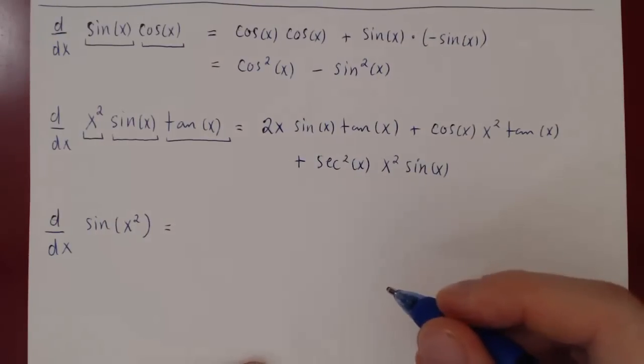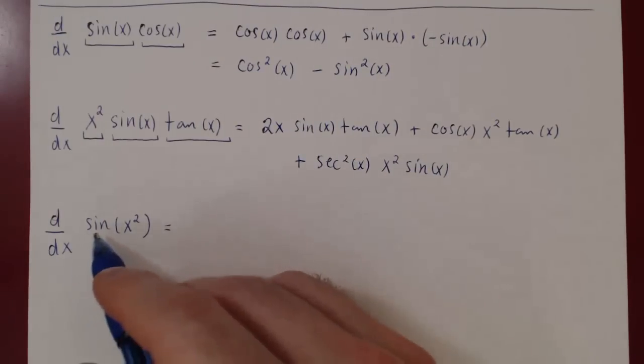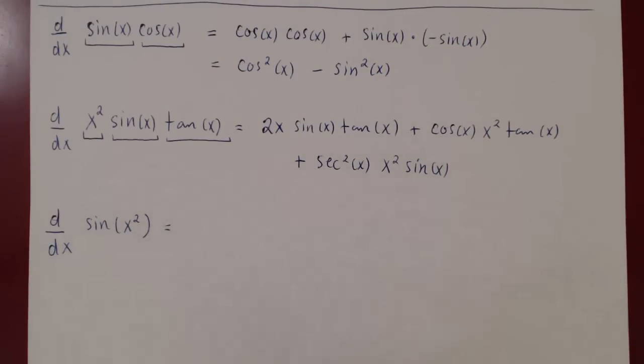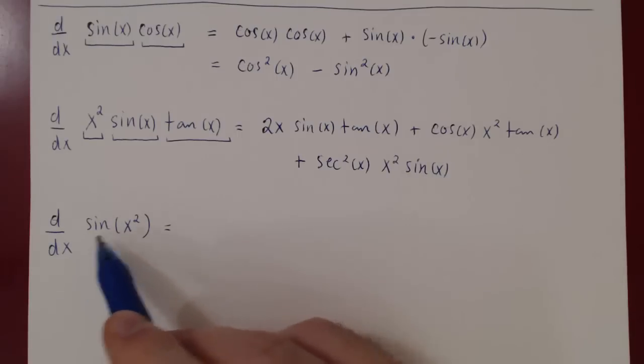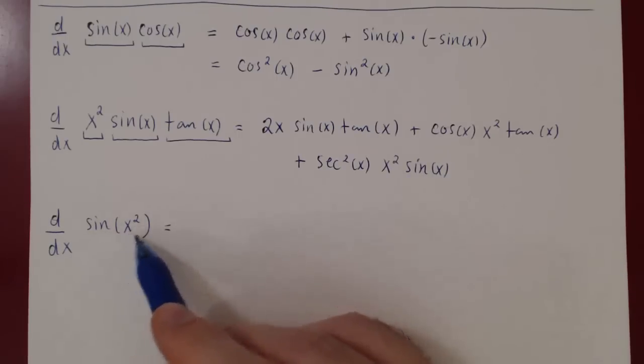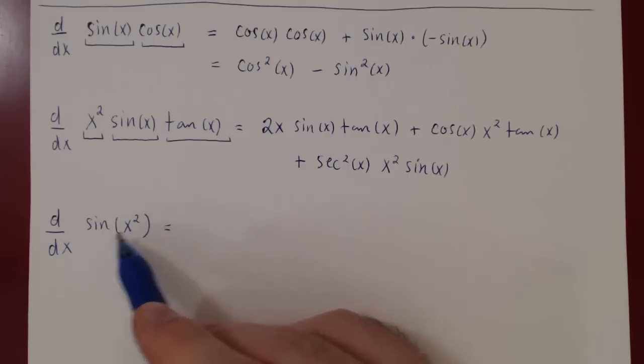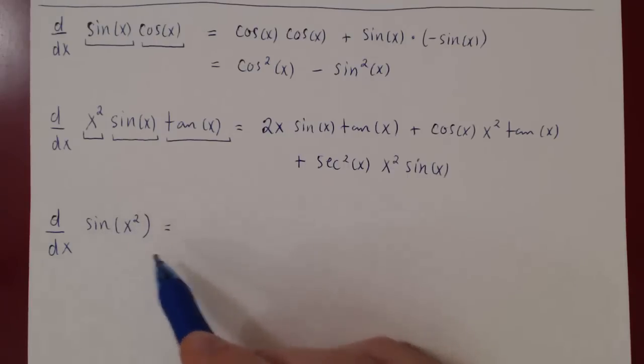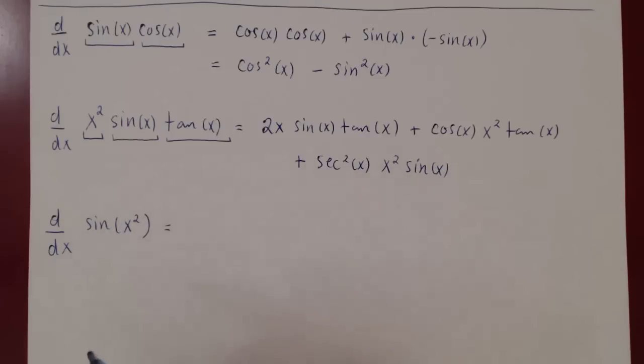Now we have a composition. This is sine of x squared. So think of it this way. If I give you a value of x, and I ask to evaluate sine of x squared, well, you would first square x, then compute the sine of this value. So the outside function is sine.